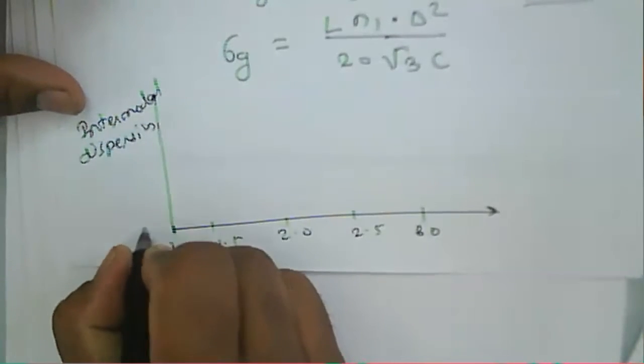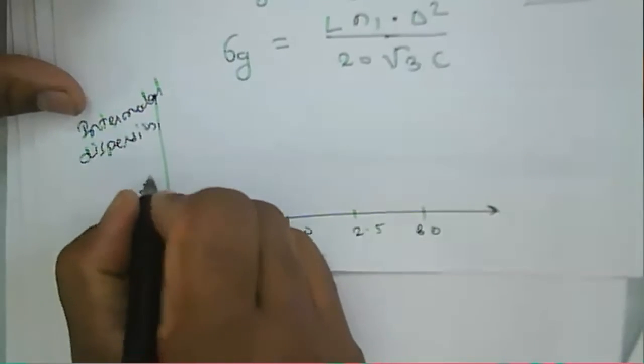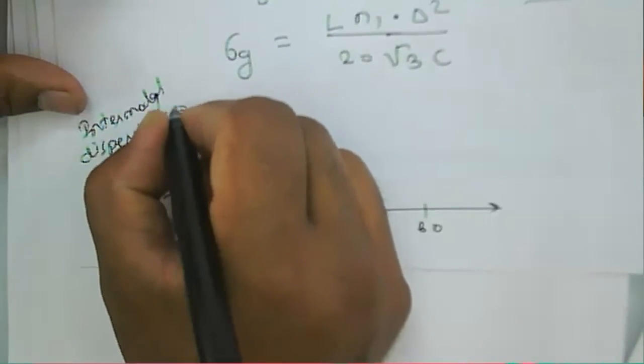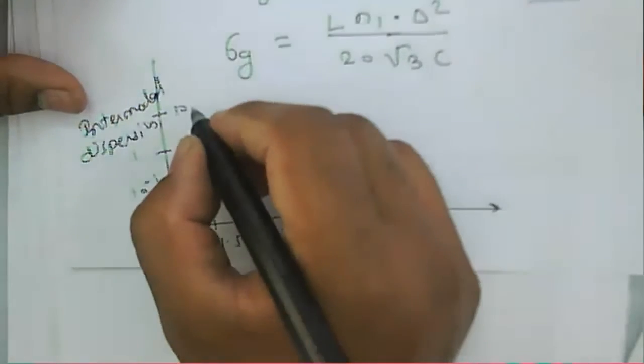Here it is 10 to the minus 2, 10 to the minus 1, this will be 1, this will be 10. Okay, likewise.